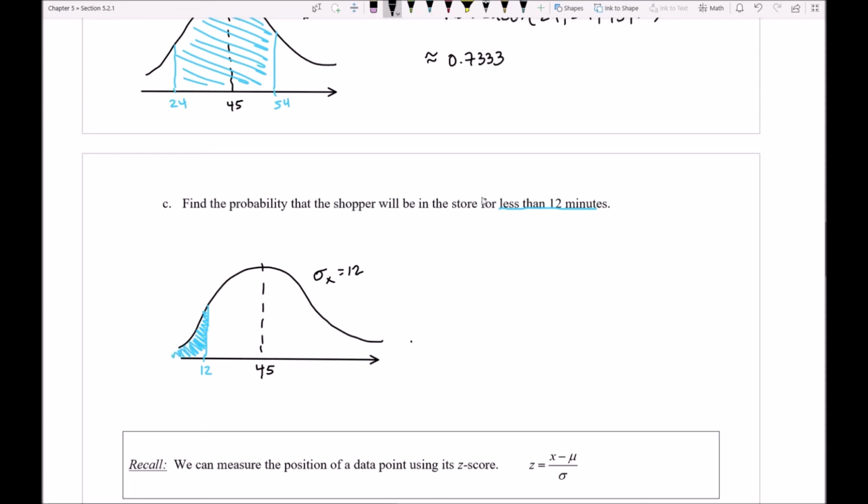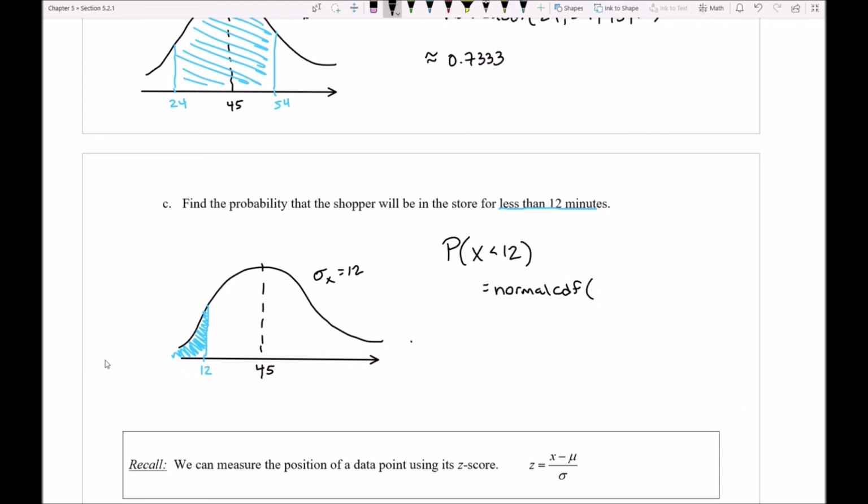Okay, so let's see if we can set that up. I want the probability that x, the amount of time I spend in the store, is something that is under 12, less than 12. I know I can set that up with a normalcdf, and I've got to talk about where this blue space starts and stops. Remember, I'm reading that from left to right. So what I can see here is that it's clearly going to stop at the value of 12. But if I'm coming at it this way, where does it start?